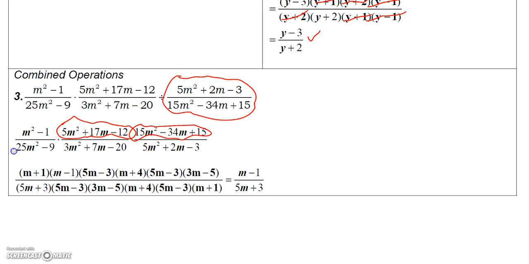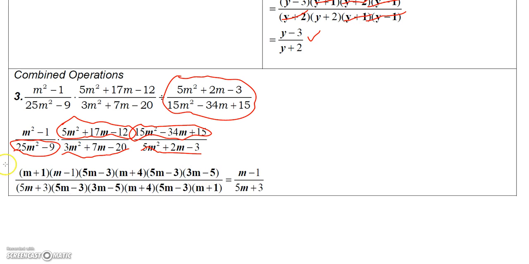Then down in the denominator, 25m squared minus 9 factors into 5m plus 3, 5m minus 3. And then 3m squared plus 7m minus 20 will factor into 3m minus 5 and m plus 4. And then 5m squared plus 2m minus 3 factors into 5m minus 3 times m plus 1.